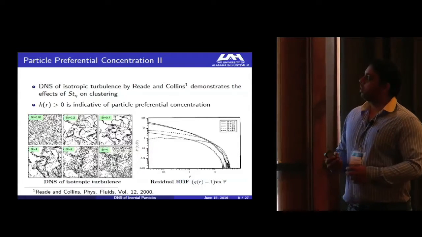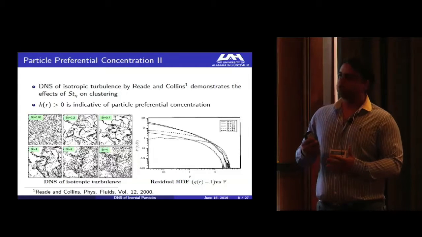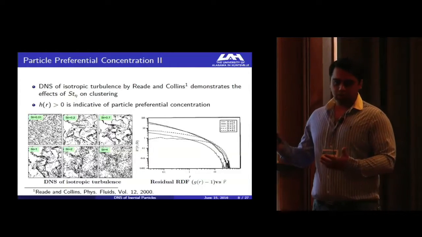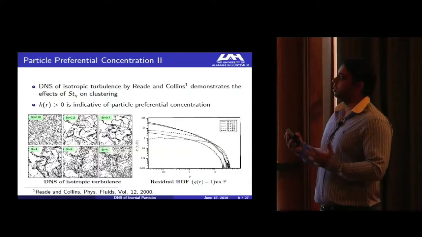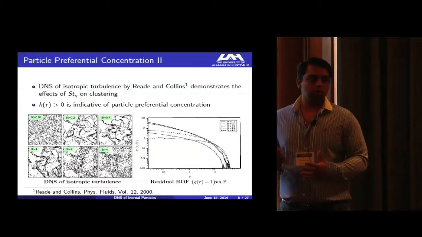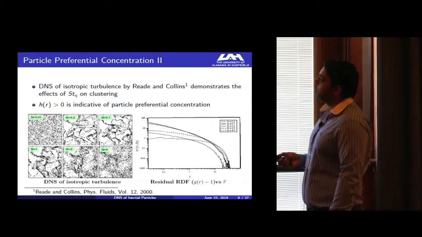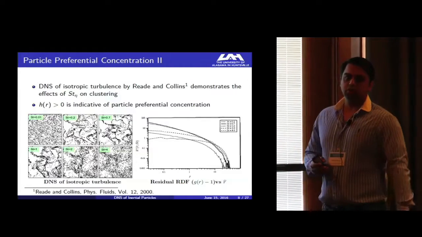So Stokes number of 0.01 basically means particles have very little inertia, so they will try to follow the fluid particles, basically known as tracers, very closely. But as we increase the Stokes number, particle inertia will increase, and they will not follow the fluid particles very closely.